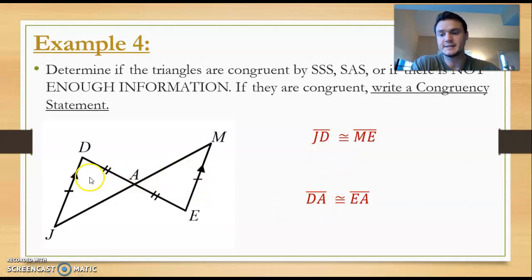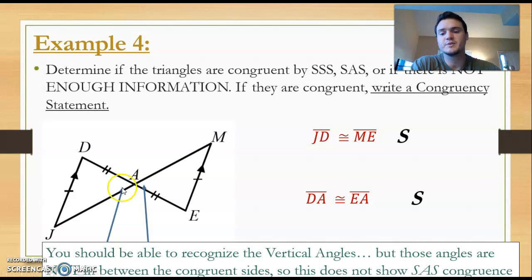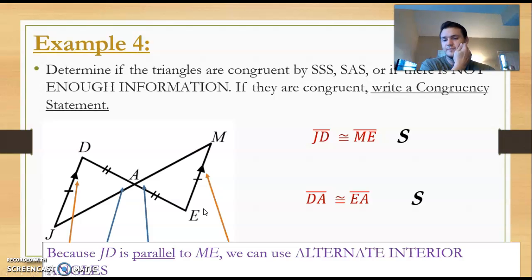The parallel lines basically tell you that you're going to have certain congruent angles. First of all, you should recognize that we have vertical angles here. But these vertical angles are not the included angle, so they aren't really going to help us out in this problem yet. Because these lines are parallel, the angles on alternate sides of this transversal, alternate interior angles, will be congruent.